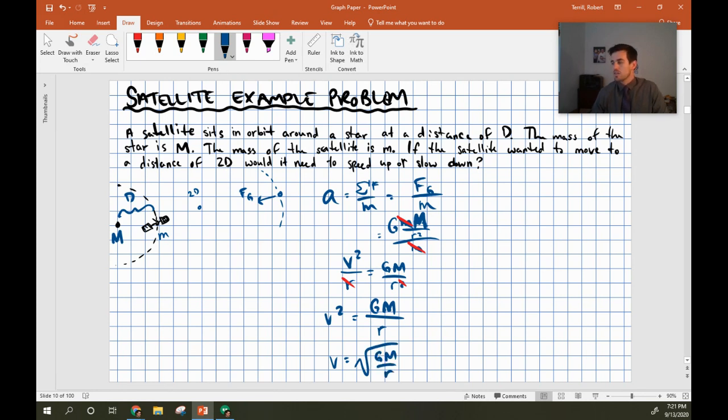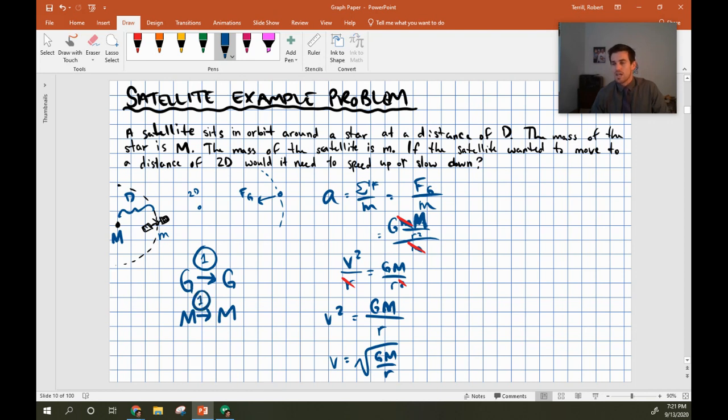And then let's talk about the variables that we have happening here. I have capital G. But capital G is a constant. So if I move it to a distance of 2d, it won't change that because it's the universal gravitational constant. Universal kind of means it stays the same. So the factor of change there is 1 because it's just going from G to G. The mass of the star, or the thing that it's going around, is still the same star.